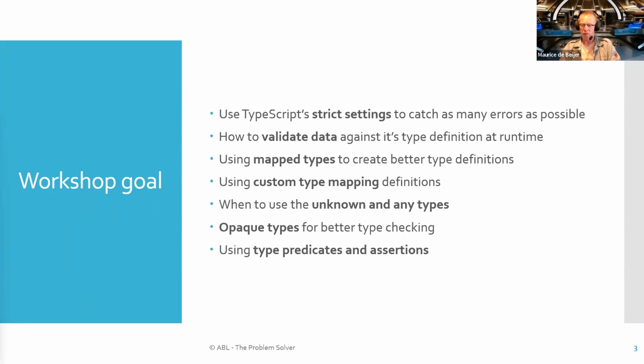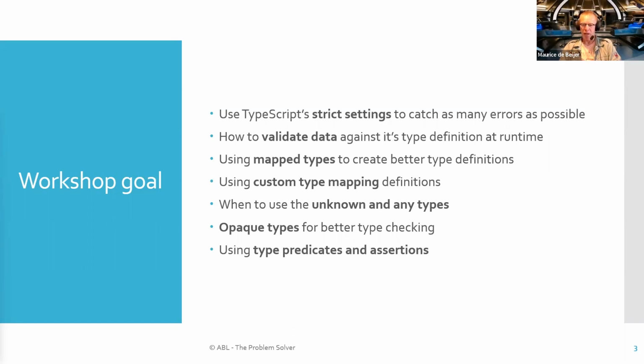We're going to take a look at creating custom types based on other types, what they call map types, how to create your own custom type mappings. We'll take a look at when to use unknown and the never type and the any type as well. Although that's not all that interesting, the any type, it will still come up.